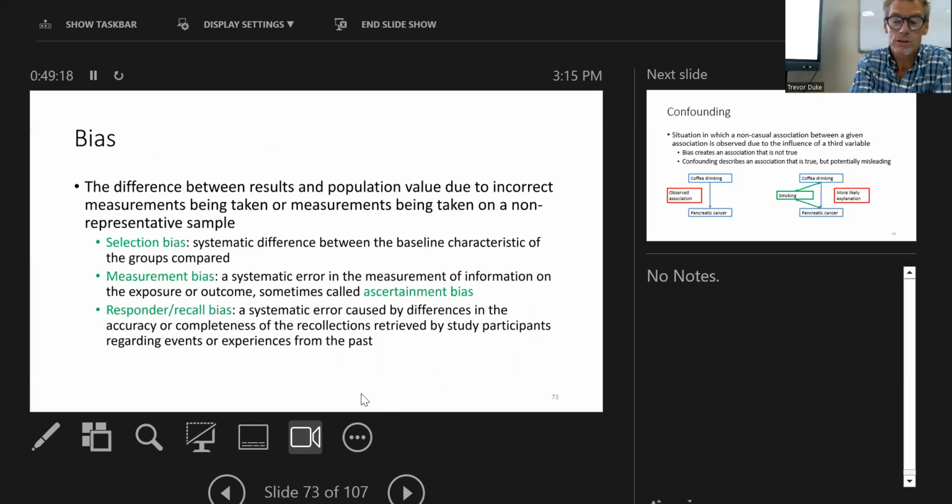I just wanted to briefly touch on bias and confounding, just one slide on each. There are lots of different sorts of biases. We think of bias as being something like a mindset, that we are biased on something, but actually there are lots of inherent, systematic biases that a study can have. For example, measurement bias, selection bias, and responder and recall bias.